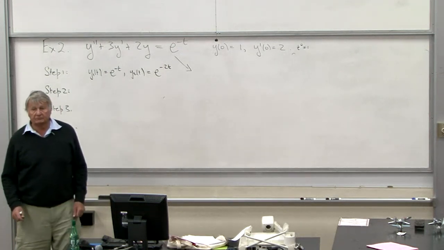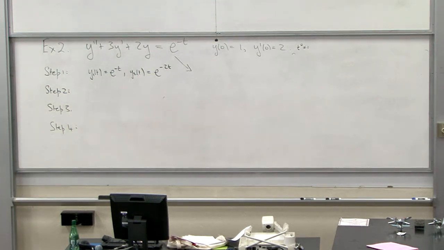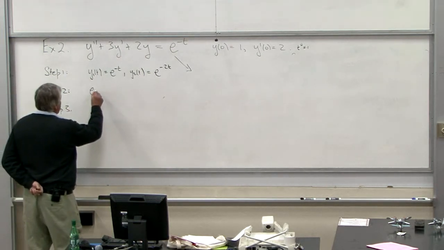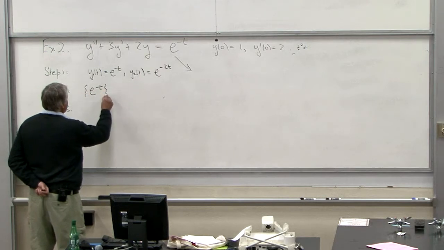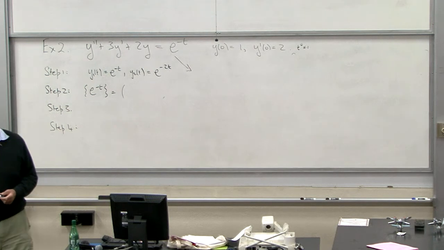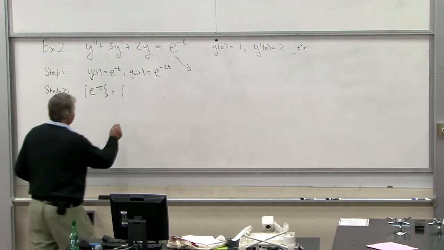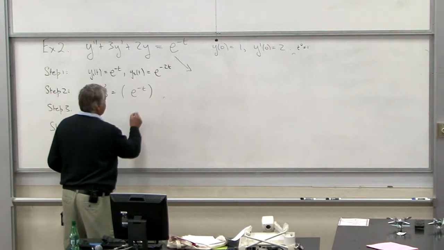Step 1. What are the solutions of the homogeneous equation? It's the same, because same left-hand side. All right, step 2. What is the auxiliary set of e to the minus t? You just keep getting e to the minus t. Differentiate once, twice, you get minus sign, then the minus squared, minus cubed. So it's just e to the minus t. So there's only one member of this set.